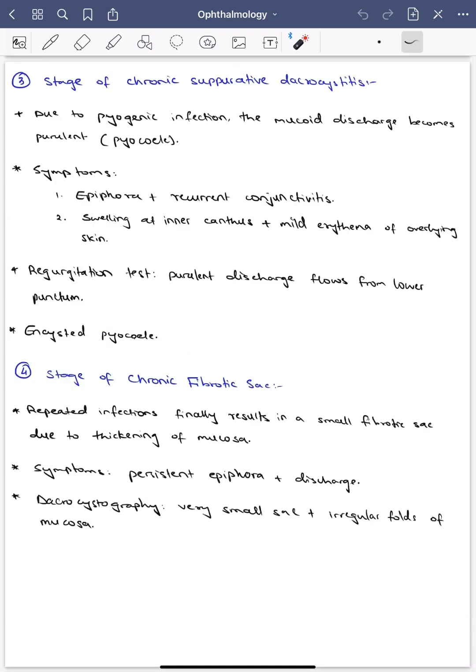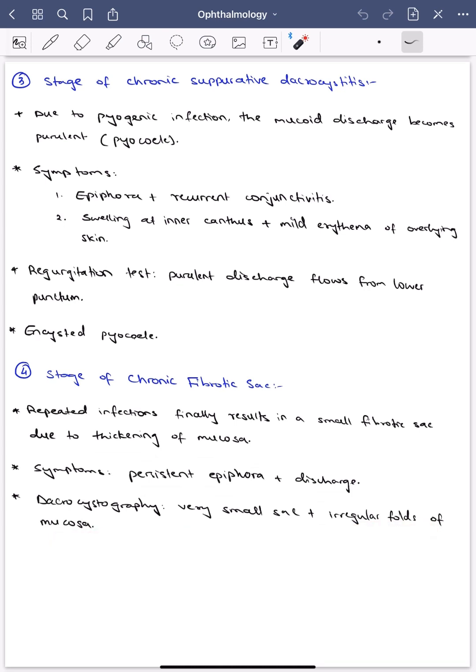Now the symptoms are persistent epiphora and discharge, and on dacrocystography, a very small sac with irregular folds of mucosa is seen.